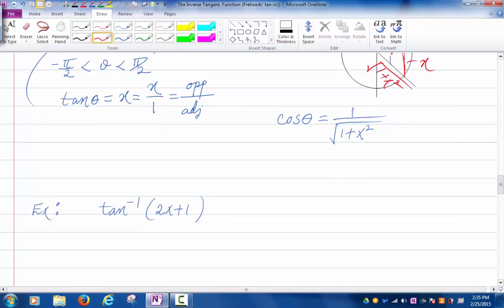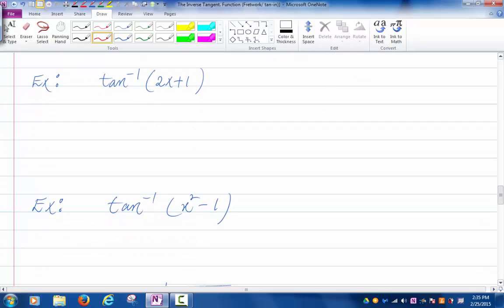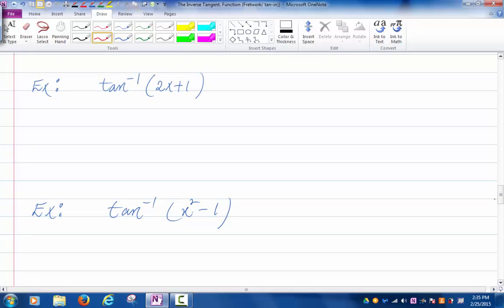Let's look at some domain questions. What's the domain of tangent inverse of 2x plus 1? What is the domain of tangent inverse of 2x plus 1? Do I know the domain of tangent inverse of x? The domain of tangent inverse of x is all real numbers, right?